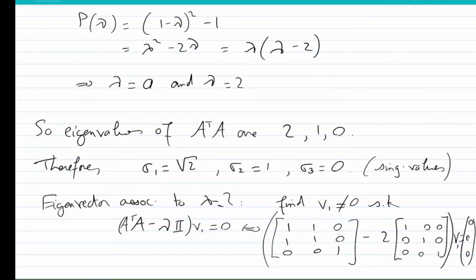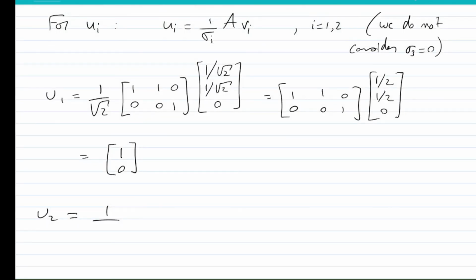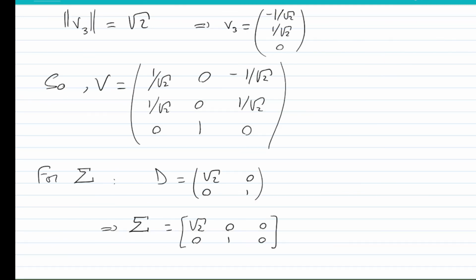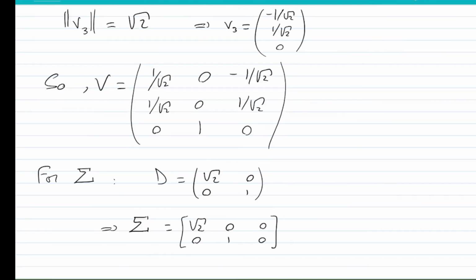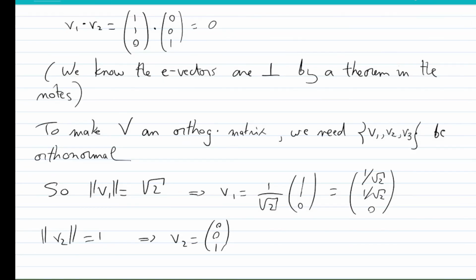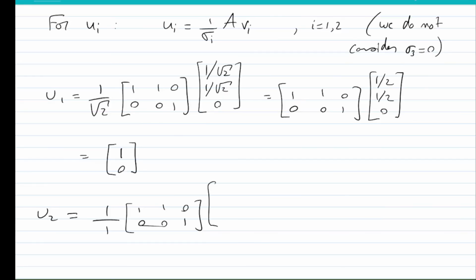So this is 1 over 1 times 1, 1, 0, 0, 0, 1 times the vector V2, which is 0, 0, 1. And that gives me 0, 1.